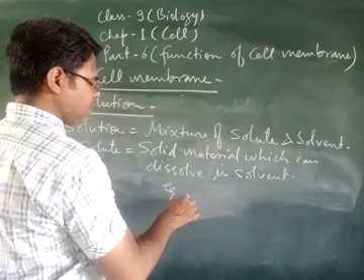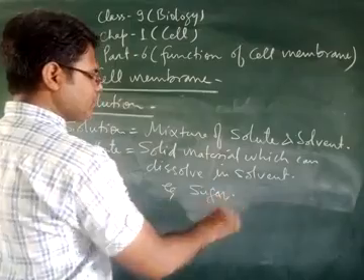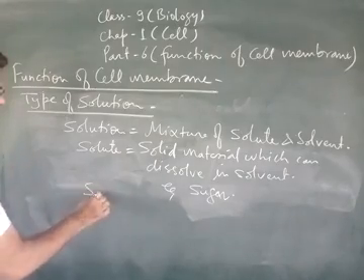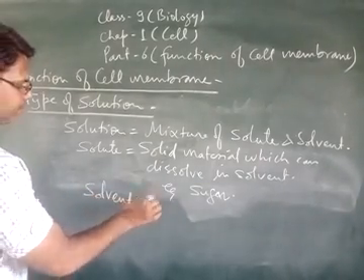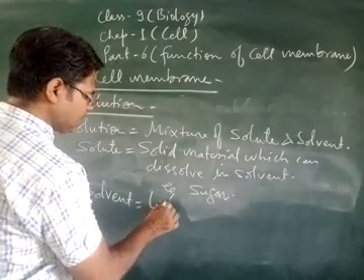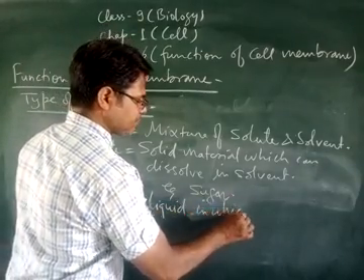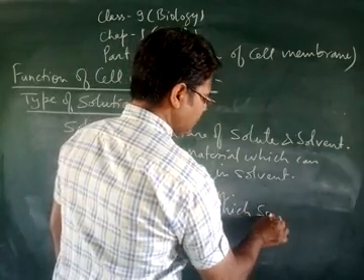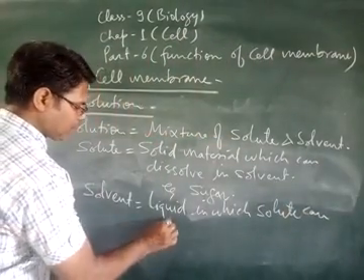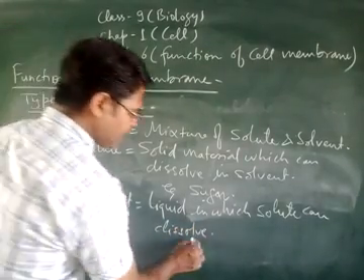For example, sugar. Sugar is the solute and water is the solvent. Now what is solvent? Solvent is the liquid material in which solute can dissolve. For example, water.